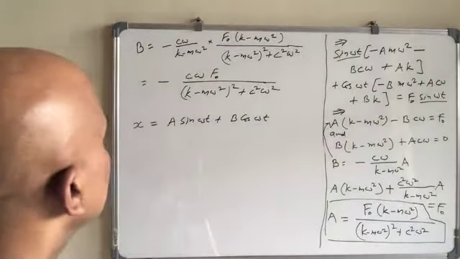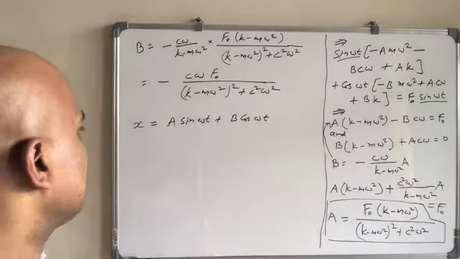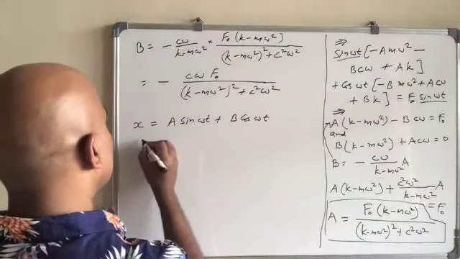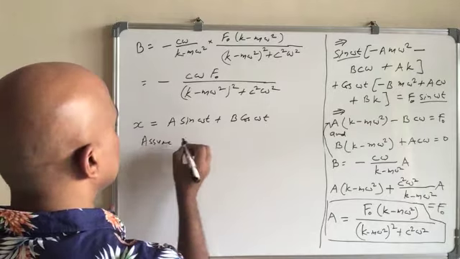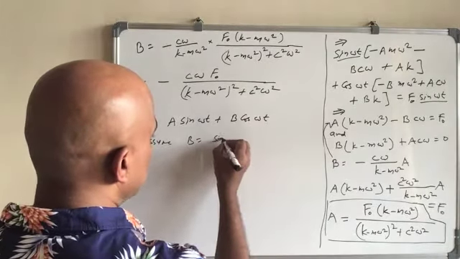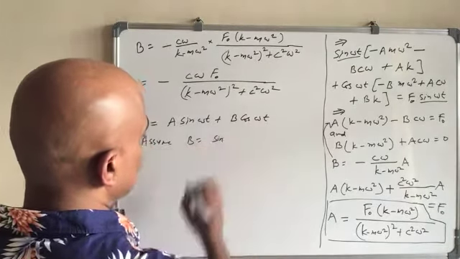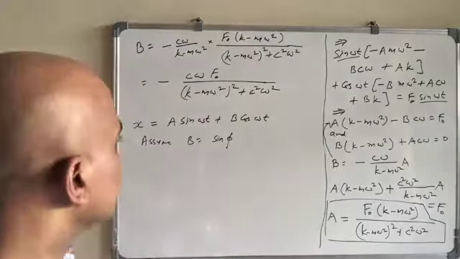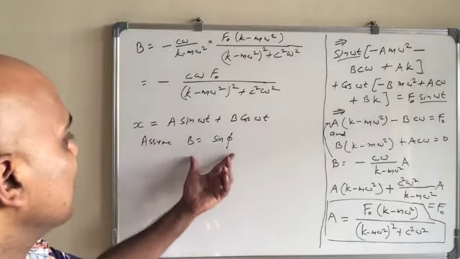What is the meaning of proper way? We can assume b equal to sine phi.